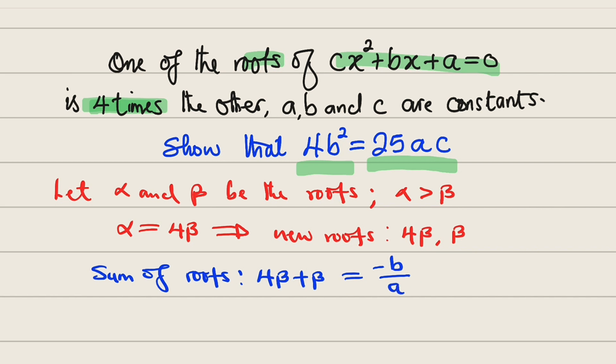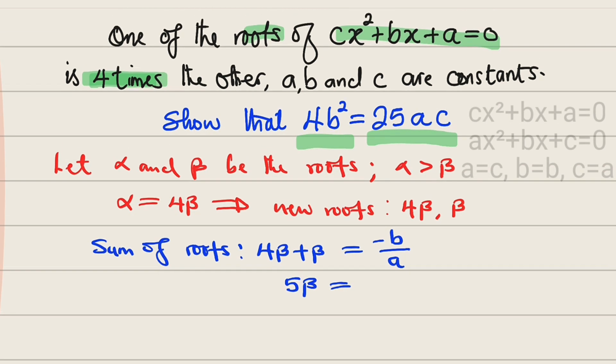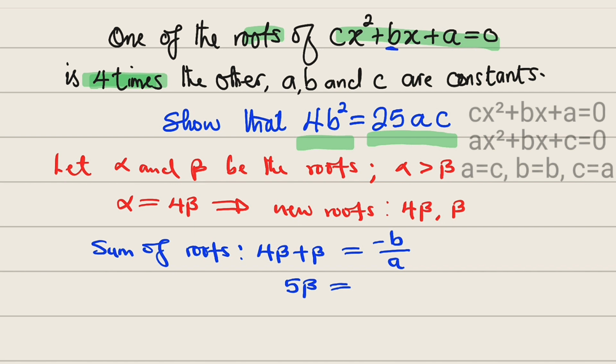Now let us simplify. 4 beta plus beta is equal to 5 beta, and to the right, negative b is the coefficient of the middle term, so we replace it with negative b, divided by the leading coefficient, which from the question is the same thing as c, so we divide by c. This is equation number 1.